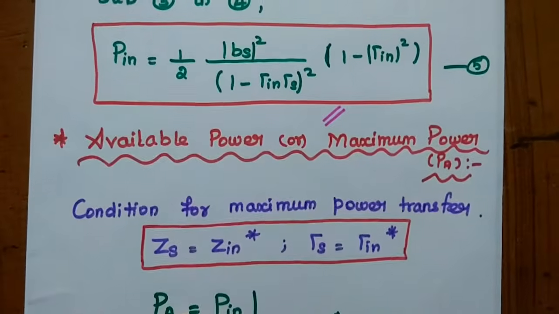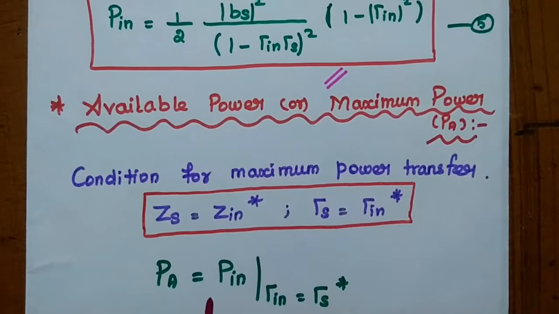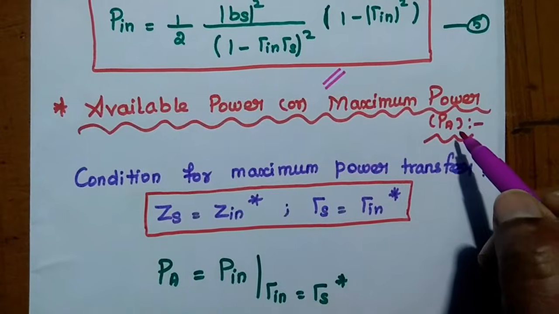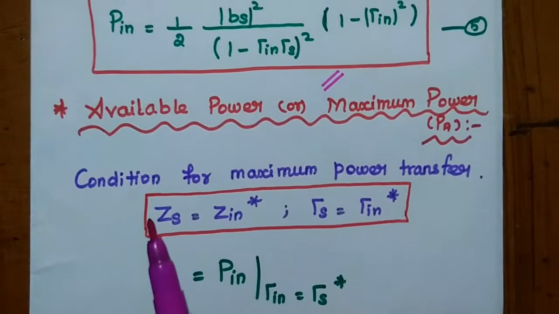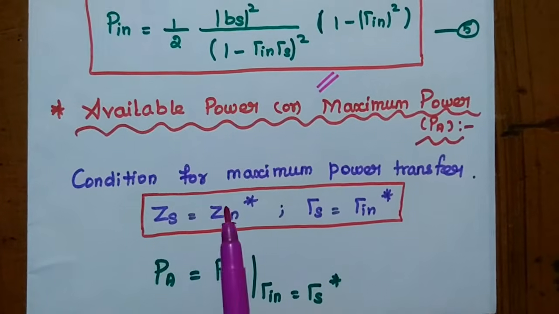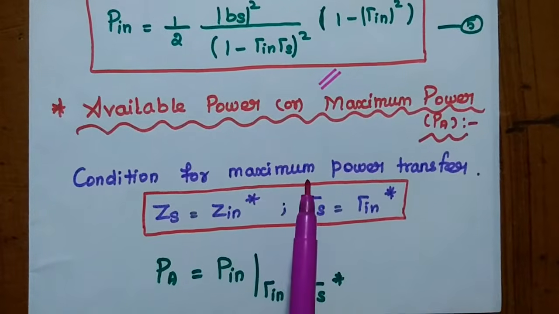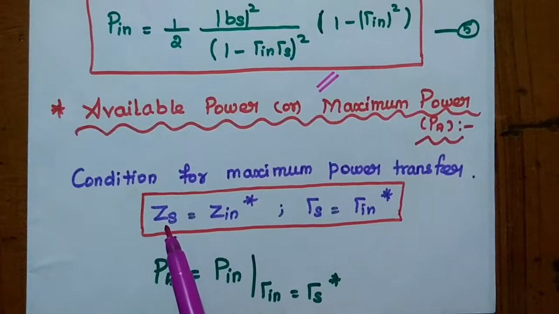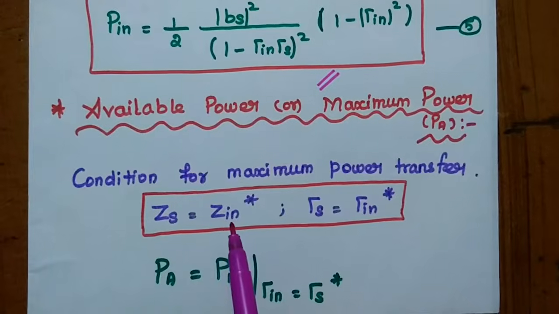Next we are going to find out the value of available power or maximum power, that is denoted as P suffix capital A. The condition for obtaining the maximum power transfer in the amplifier circuit is that the source impedance should be the complex conjugate of the input impedance.